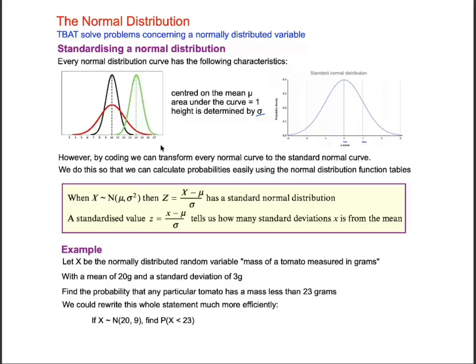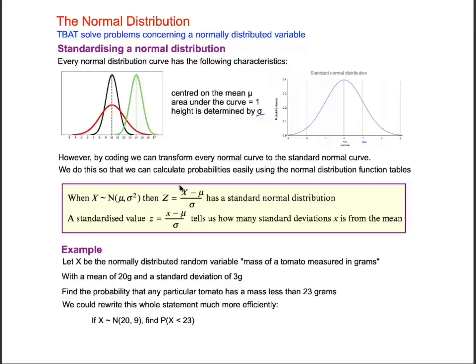So when a random variable x is normally distributed with a mean of mu and a variance of sigma squared, then z, which is another random variable which we are introducing, will be equal to the random variable x, whatever the value of that is, minus mu over the standard deviation.